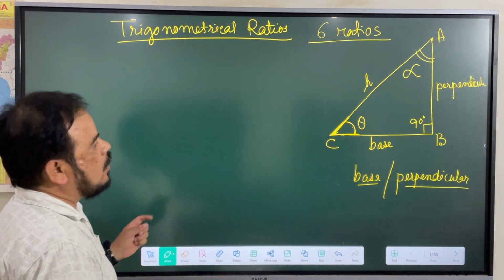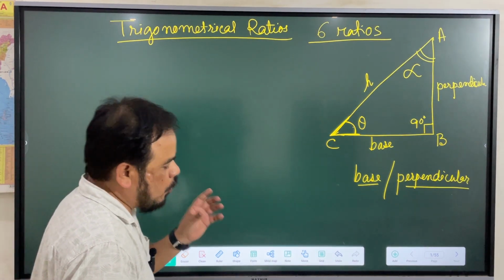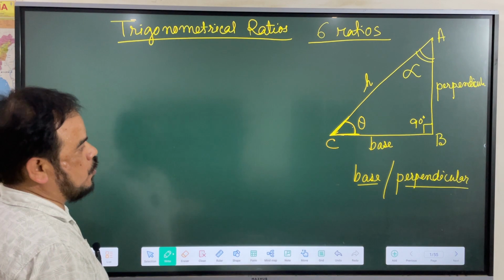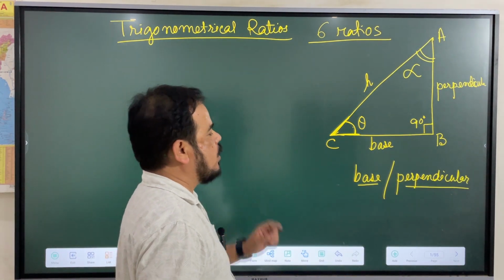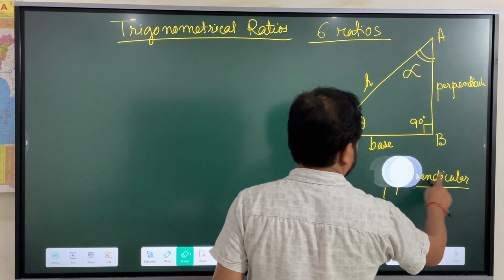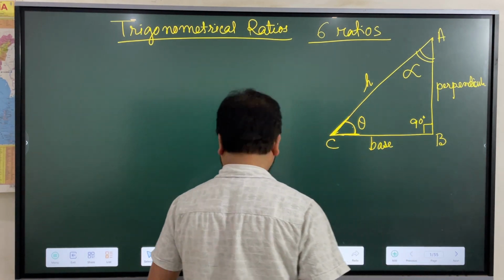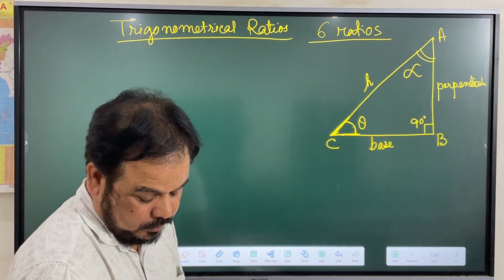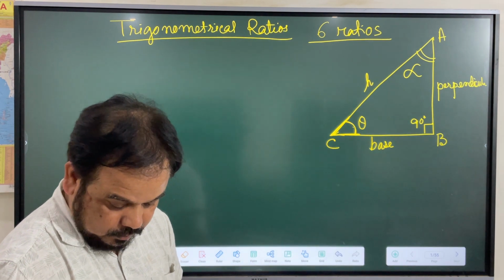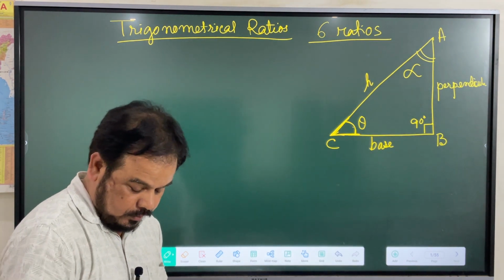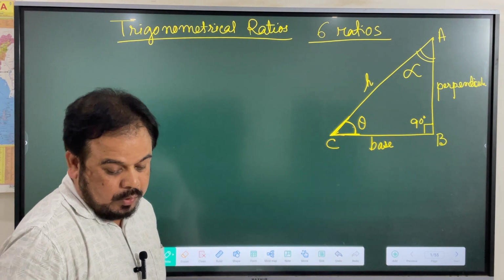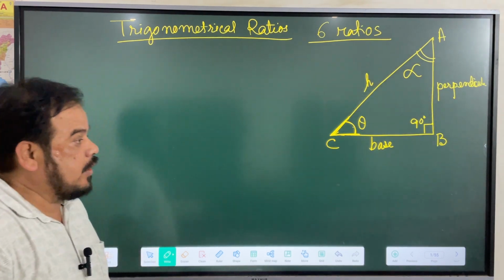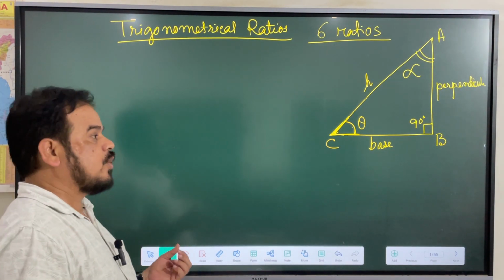For this chapter, for this exercise 2.4, we will learn only 3 of these ratios from this right angle triangle. So first of all, let us see how to get the trigonometrical ratios.